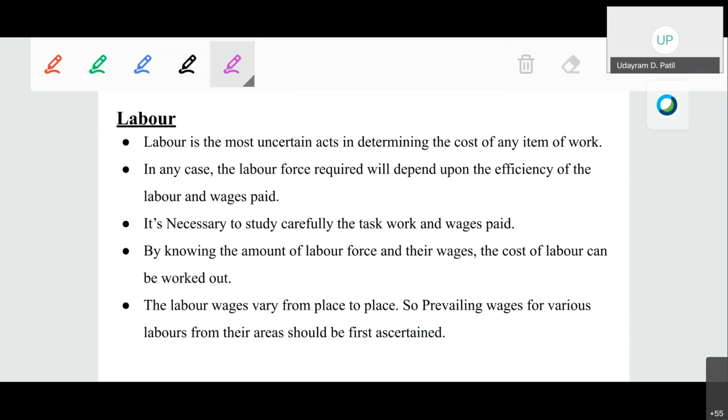Even though there are many theories and values, such as task work, which relate the number of labors required with the work done by that particular labor, still that is the most uncertain aspect. We cannot determine the exact labor required, but we try to determine it with as much precision as possible.